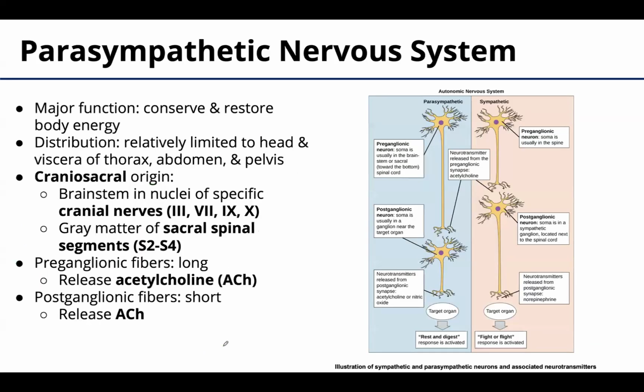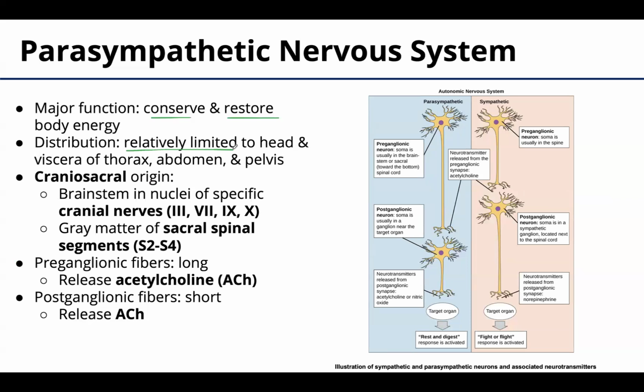All right, now let's move on to parasympathetics. This system is going to serve in broadest terms to conserve as well as restore body energy. Now, compared to the sympathetic nervous system, its distribution is relatively limited. You do not have parasympathetics in the limbs. You don't need it there. It is relatively limited specifically to the head.